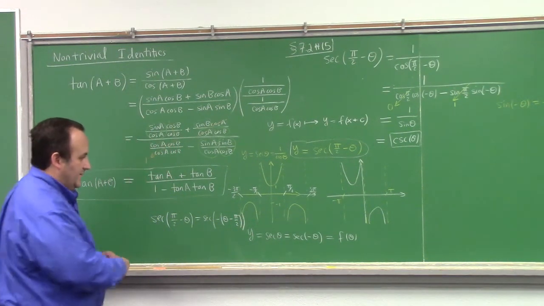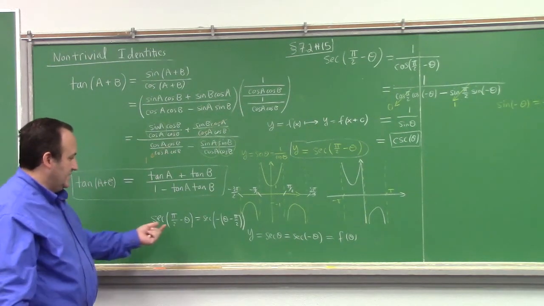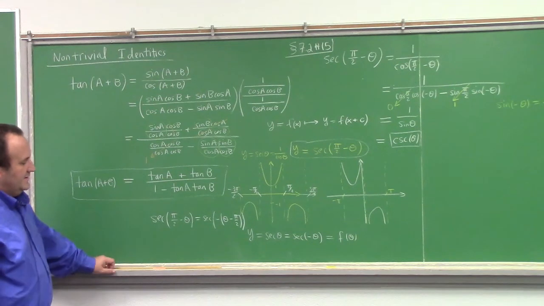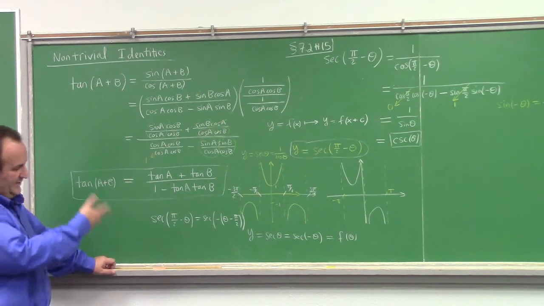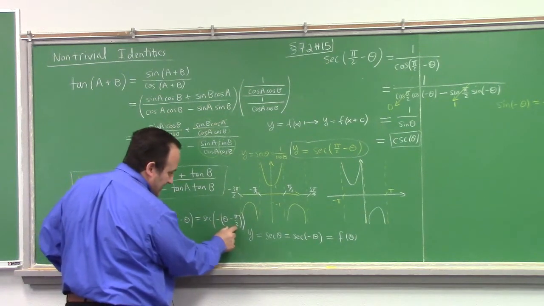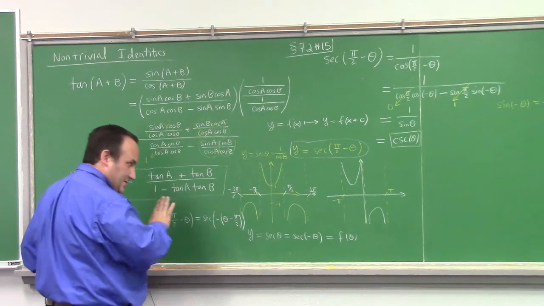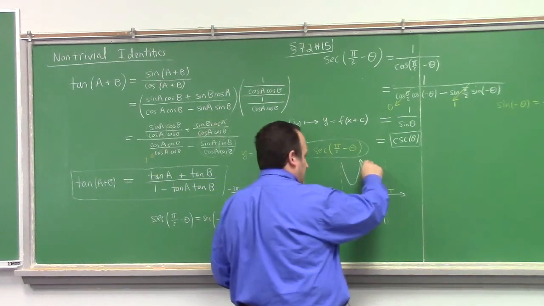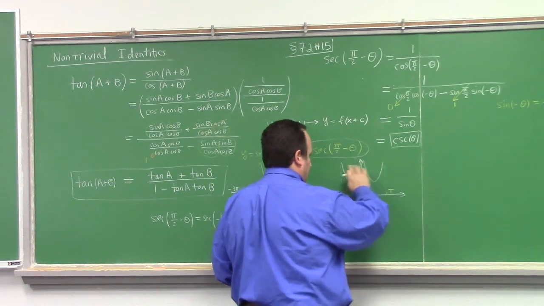So forget about the graph of secant minus theta. This is just the graph, well, curses. It is the graph. Okay, so it is the graph of secant of minus theta shifted pi over 2 to the, not to the left, but to the right. So I should have put this one here.